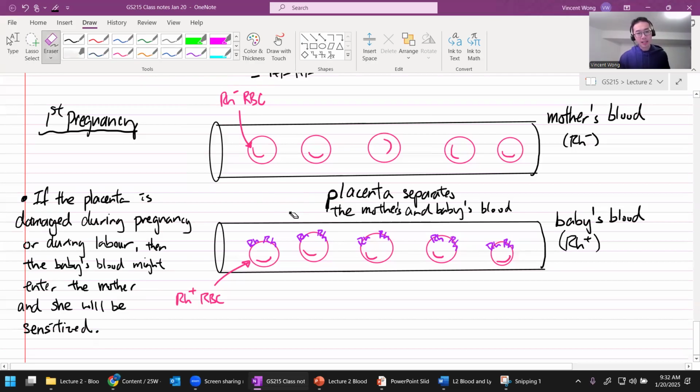If we damage the placenta during labor, or sometimes it could happen during pregnancy, these fetal cells will now move into the mother's bloodstream. And she's now exposed. Okay? She's now exposed. She's now sensitized.